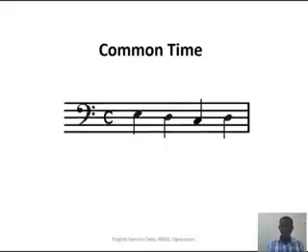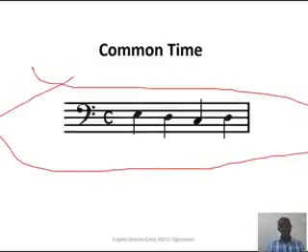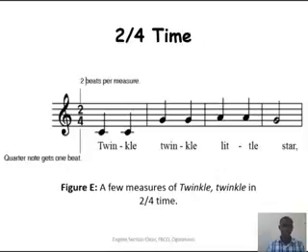That is 4/4. So when you see C on your staff, it doesn't mean that you are playing in key C, but it does mean that you have 4/4 time signature.